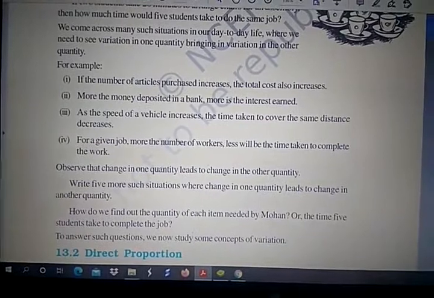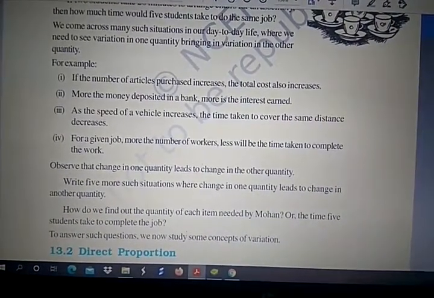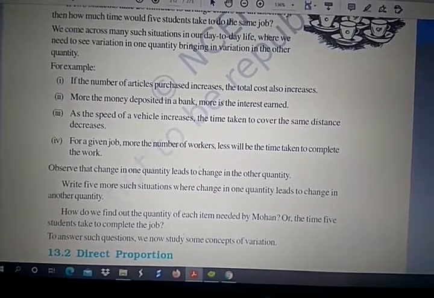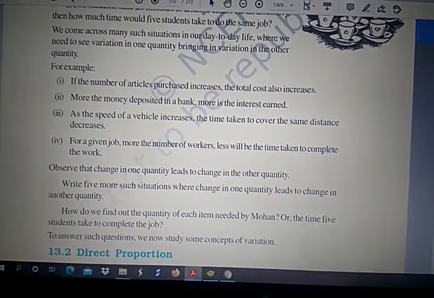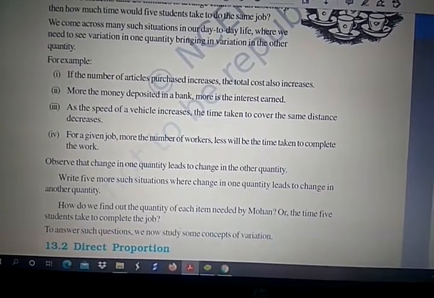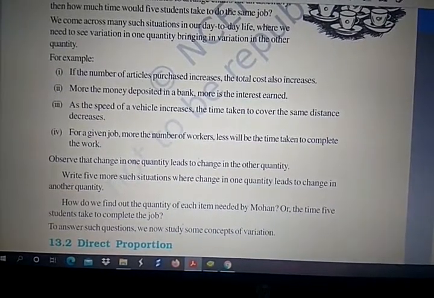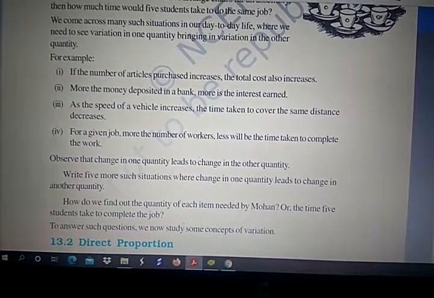Look in your textbook: if the number of articles purchased increases, the total cost also increases. The more money you deposit in the bank, the more interest you can earn. As the speed of the vehicle increases, the time taken to cover the same distance decreases, right?